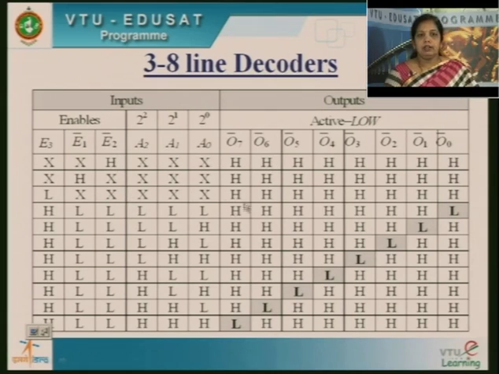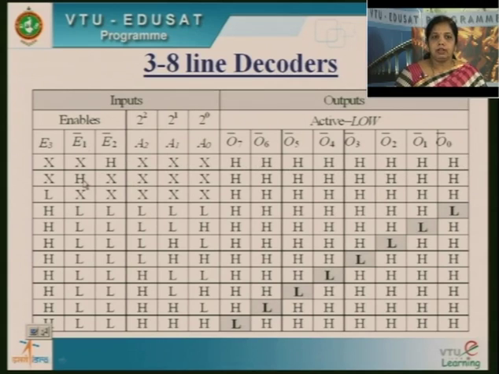So when will you get the output? Since it is an active low output, you can just see here. If my enable pin E2 is active high, no matter whatever you give to the input lines, all the output lines will be held high.